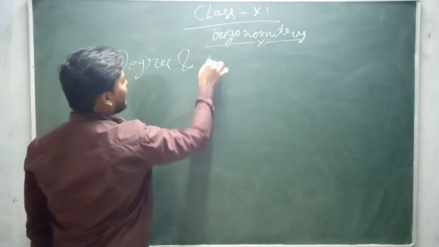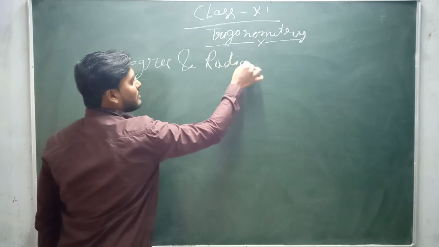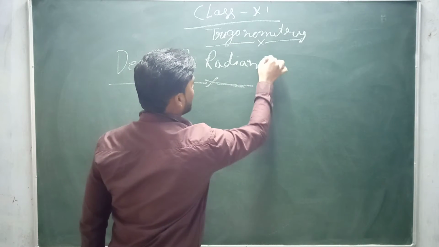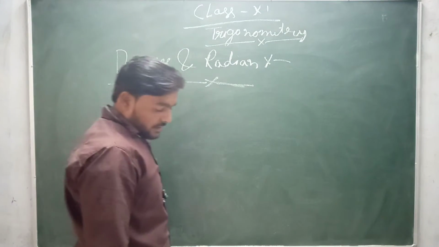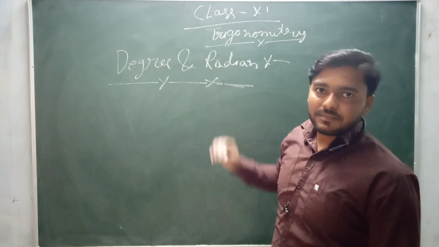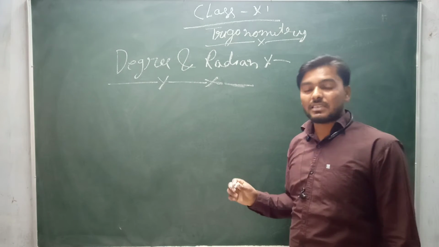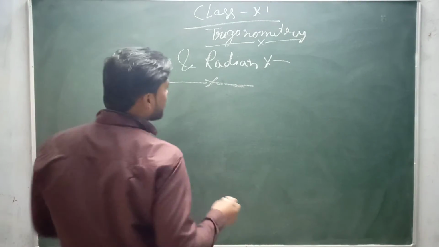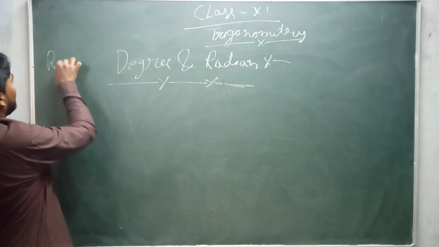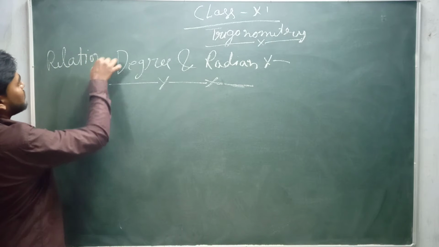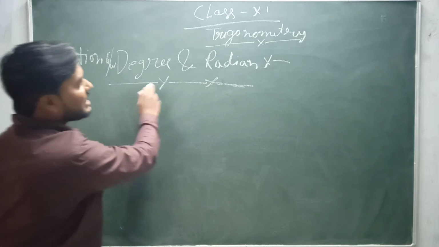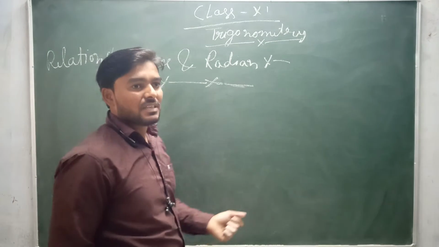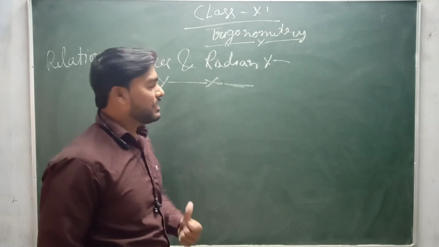If both exist in trigonometry for angles, then there should be a relation between both of them. Directly we can say that there is a relation between degree and radian.